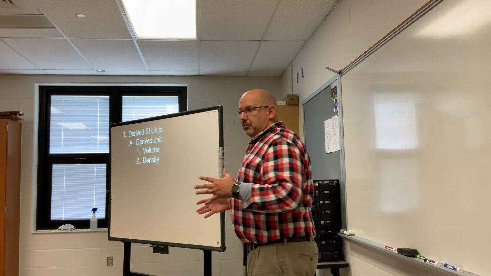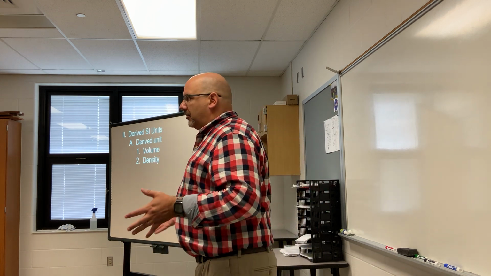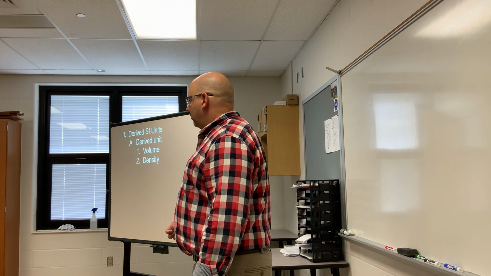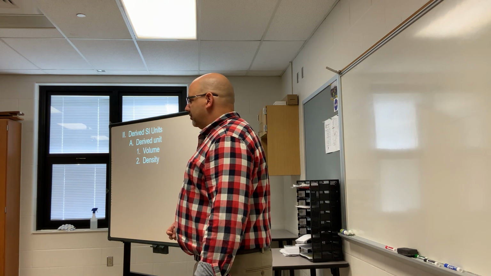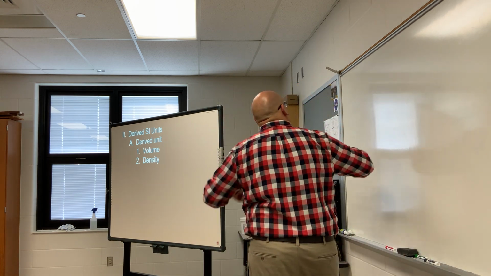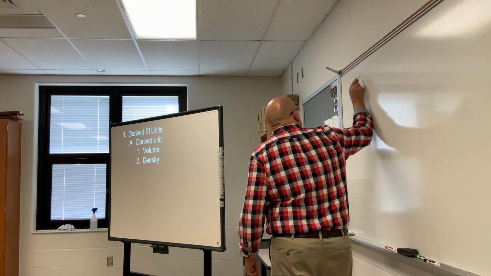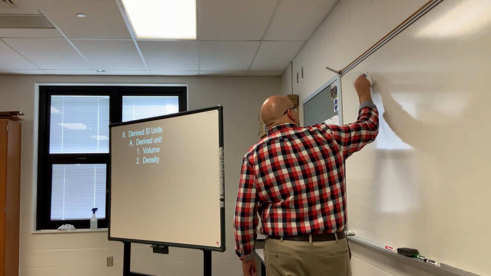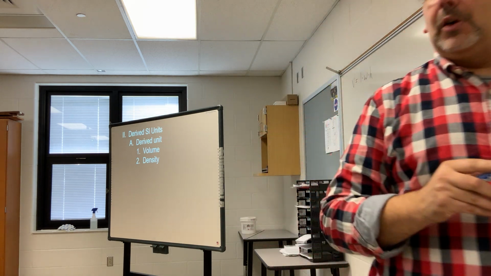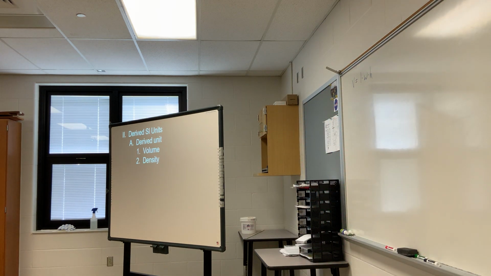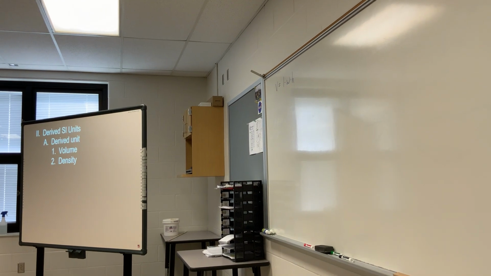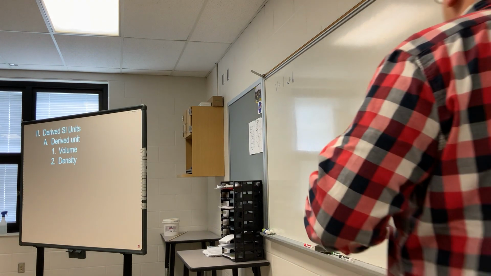Now normally, if you're finding the volume of a box, what's the formula for it? Okay. So volume is measured as length times width times height. Is that in your notes? Okay. Now, typically, that is something that you would use if you're dealing with a box, something of a more uniform shape.